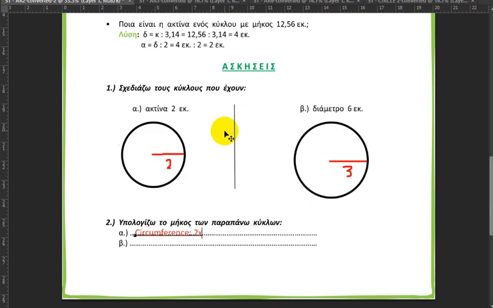It's going to be 2 times pi, which is 3.14, times 2. Well, we know that 2 times 2 gives me 4 times 3.14. And we're going to need to do that vertically.